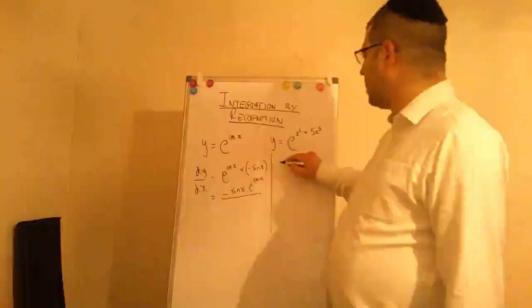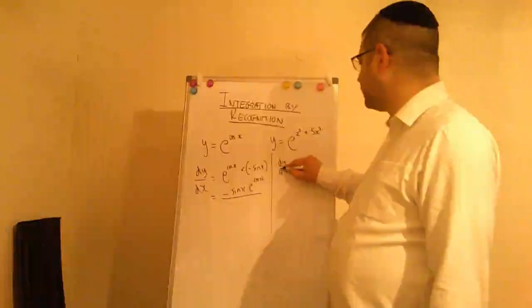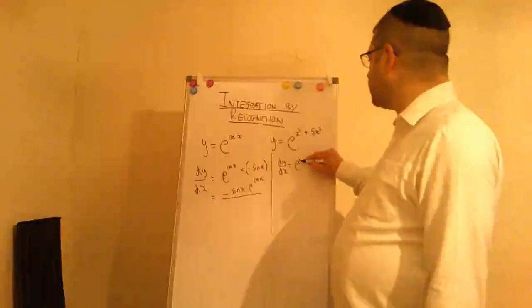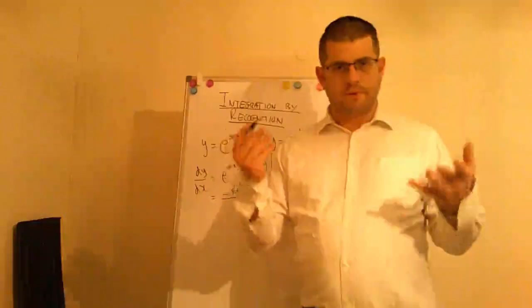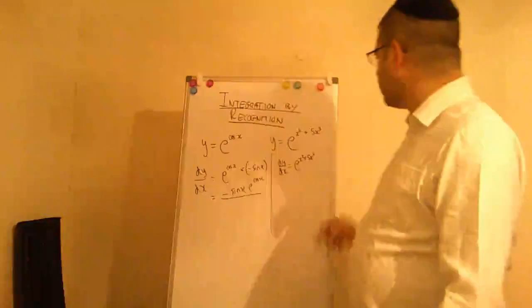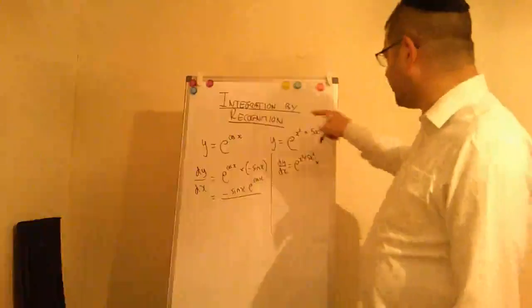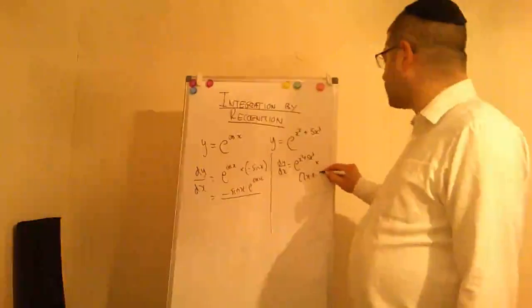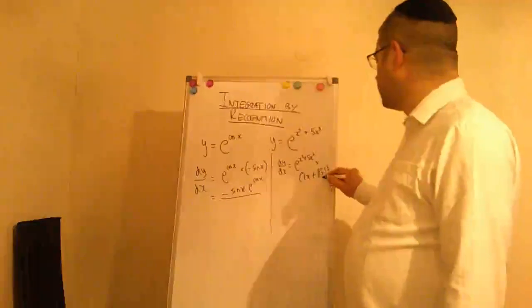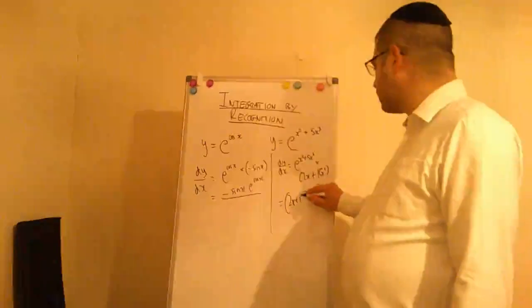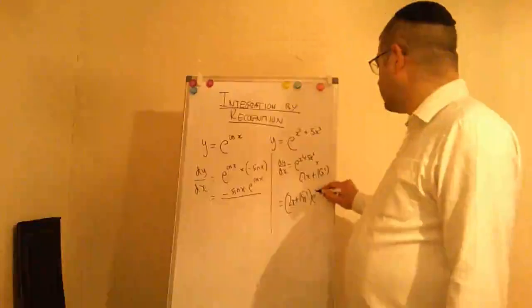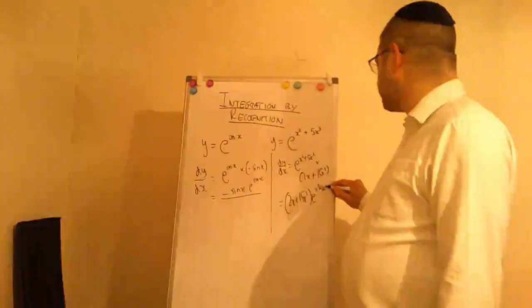Now, here we have e to the same thing, x squared plus 5x cubed. The e function differentiates to itself, and then you multiply by the derivative, which is 2x plus 15x squared, times e to the x squared plus 5x cubed.